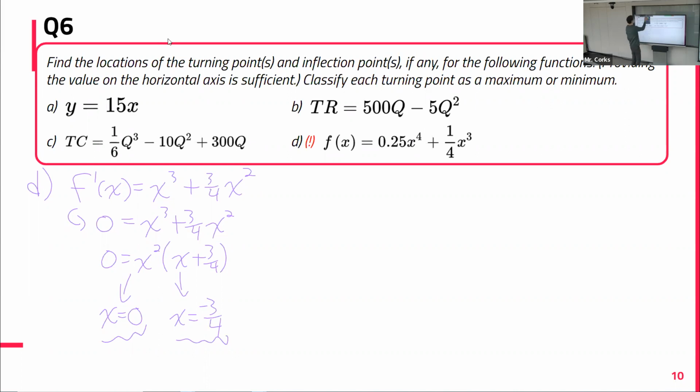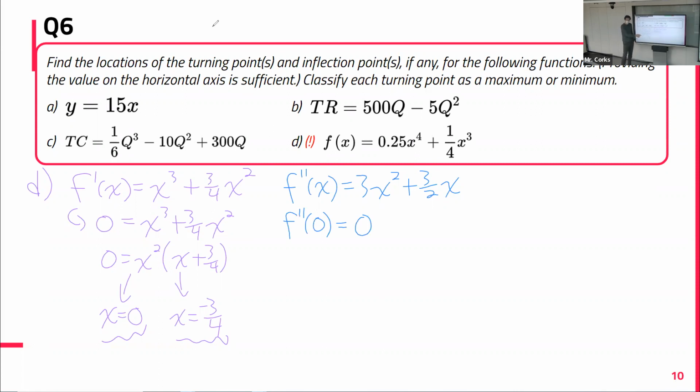And next we'll do our second derivative test. So our second derivative is 3x squared plus 3 over 2 x. Okay, so there is our second derivative. We'll substitute in these points here. So f double prime at 0 will be equal to just 3 times 0 squared and then 0 here. So we'll skip all that detail. It actually just turns out to be 0.